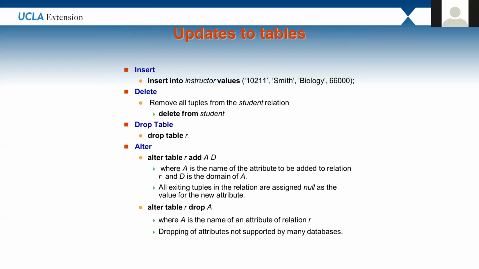You can update tables, insert into the tables, delete from the tables, and drop the table. Dropping the table is different from deleting from the table. Deleting deletes a record, drop table erases the whole table. Altering the table means you add fields to the table.